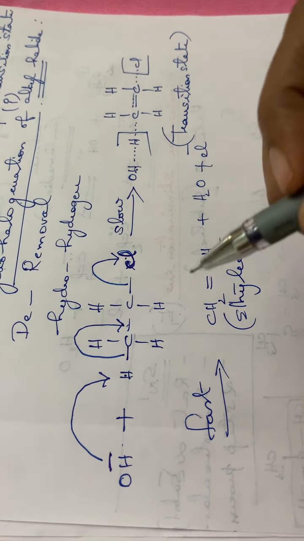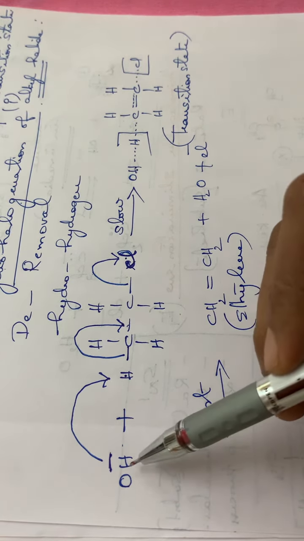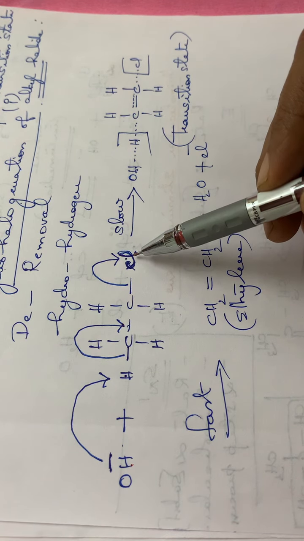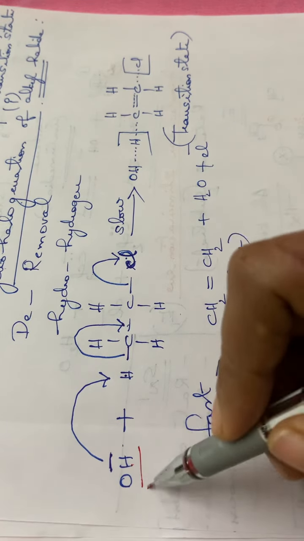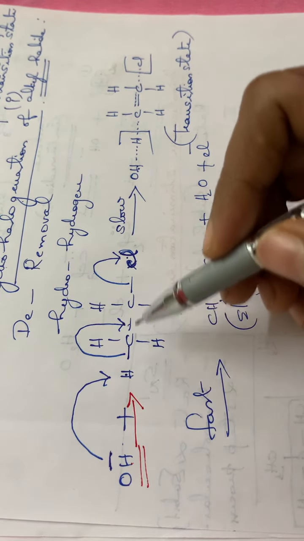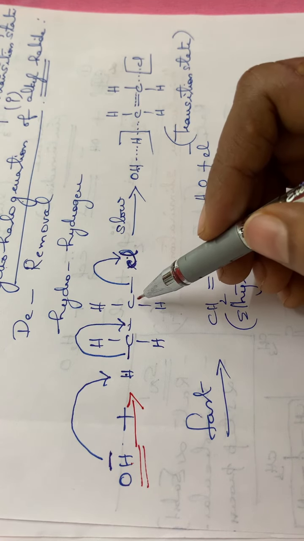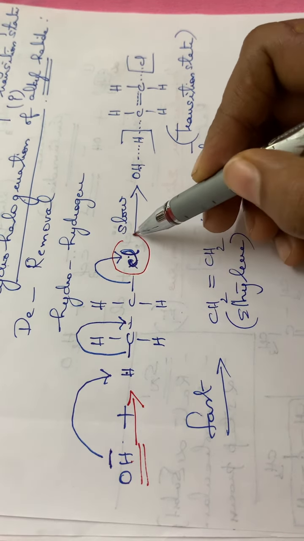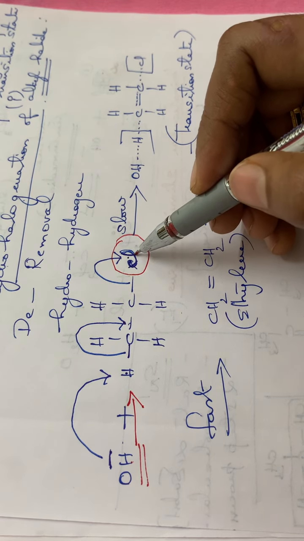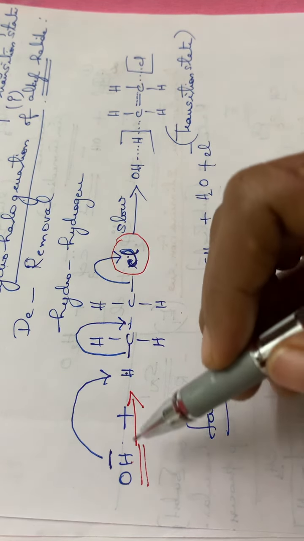And one more thing to be noted is that this OH minus is the approaching group, and Cl minus is the leaving group, isn't it? This approaching OH minus is attacking the substrate on the side just opposite to that of this Cl minus, or from the back side of the chlorine atom.